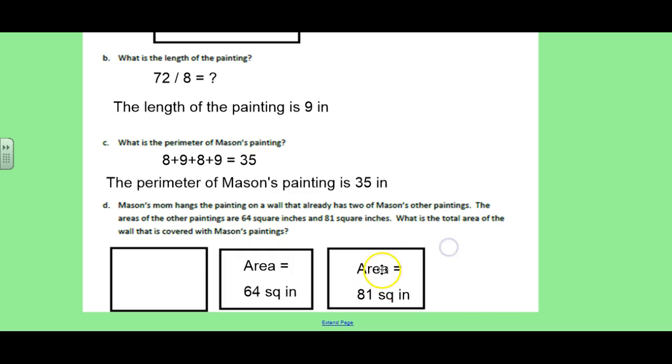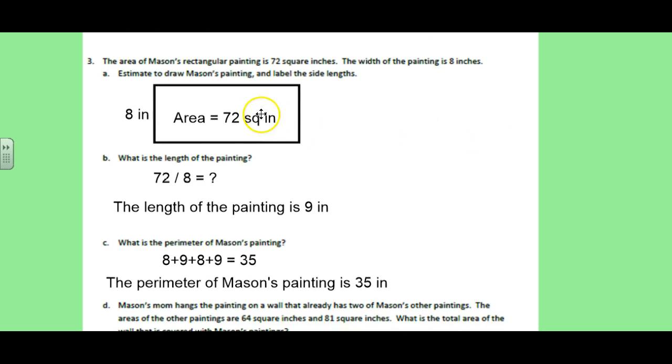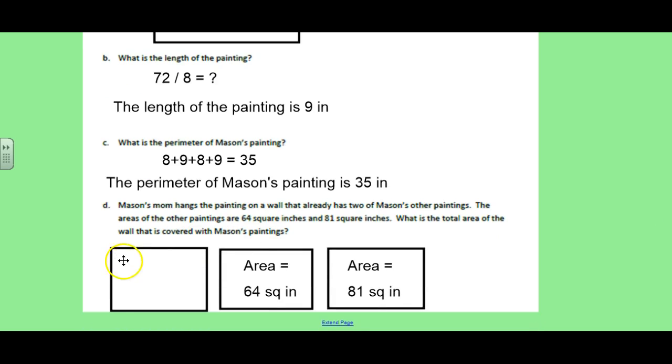And then we just found out the area of this painting that his mom is going to hang on the wall, and we know according to A up here that the area is 72 square inches. So we're going to put that here on this one as well. So now we've got our picture to show all of the paintings and what the area of each painting is.